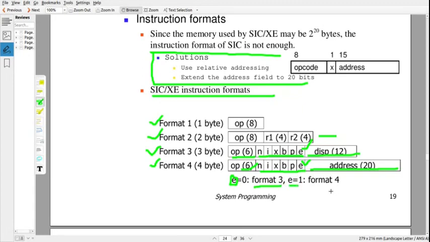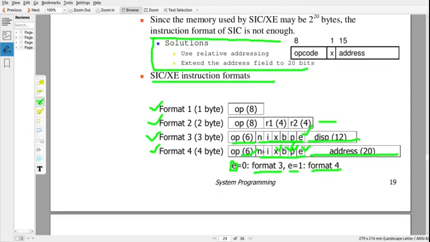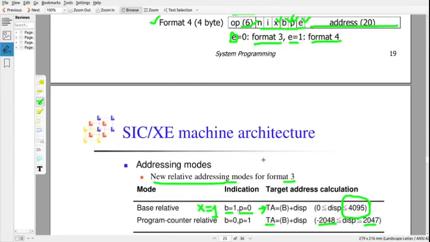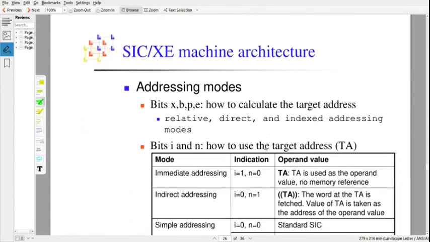When E is equal to 1, the instruction is in format 4. So E is for the format, P is for program counter relative, B is for base relative, and X is for index addressing mode. The remaining 2 bits are N and I. We will see N and I here.